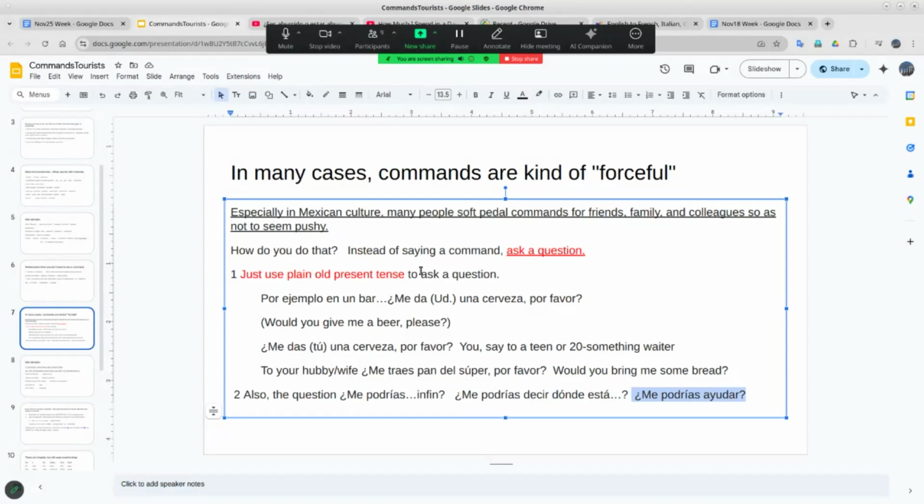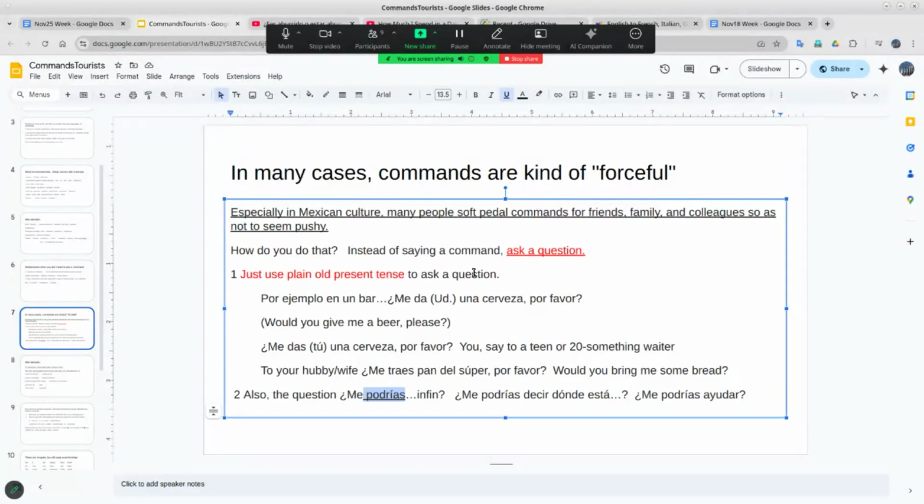Could you help me? So the magic word is podrías, the could you. Could you, which is a conditional form, you don't need to really know that. You just need to know the word podrías. Or if you want to be polite, take the S off the end, and then it'll be an usted form. Podría, podrías.